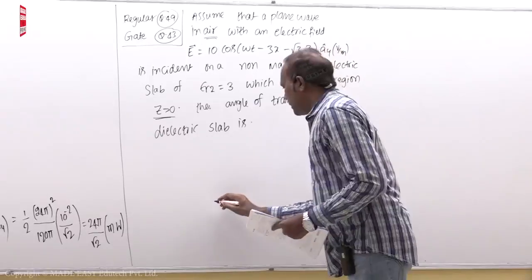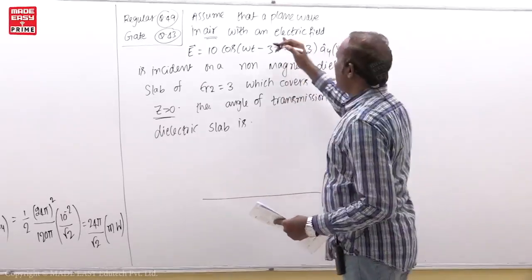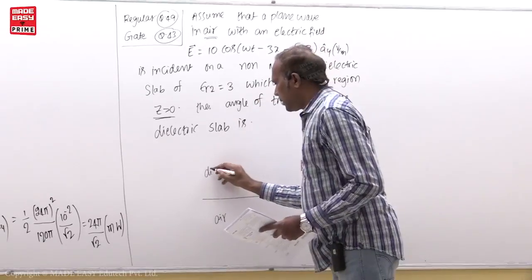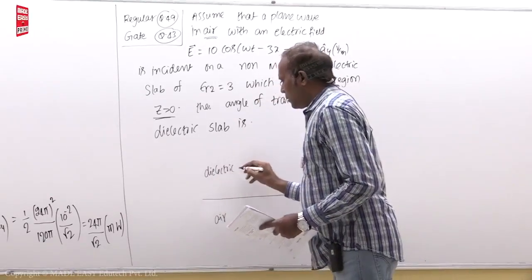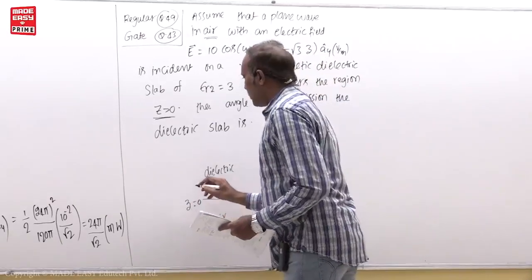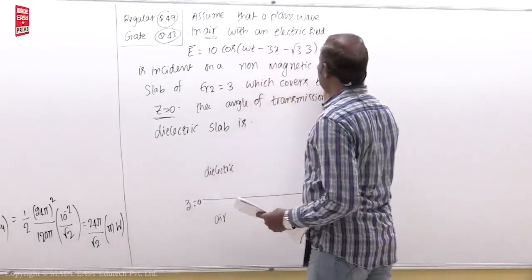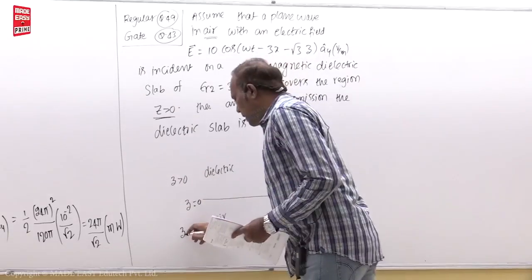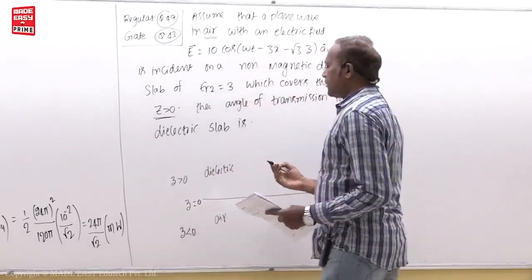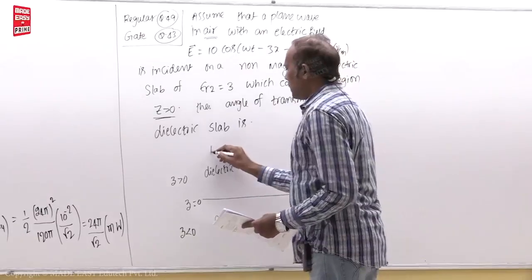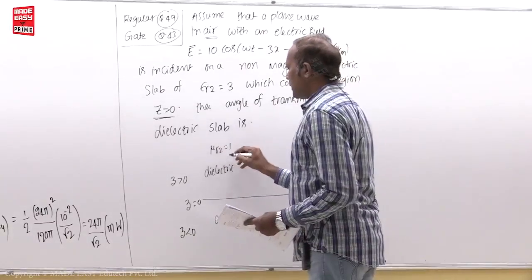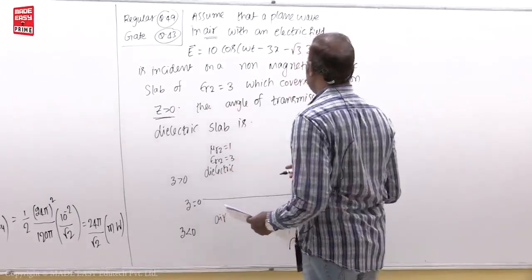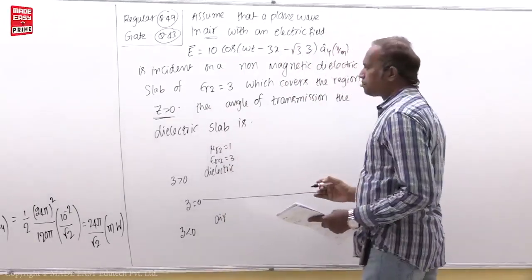That means you can see here first air medium is there, then medium 2 is a dielectric, this is z is equal to 0, and he is saying this dielectric is for z greater than 0, automatically this air medium is for z less than 0. So this is dielectric medium. He has given it is non-magnetic, so epsilon r2 is 3 he has given here, which covers this region.